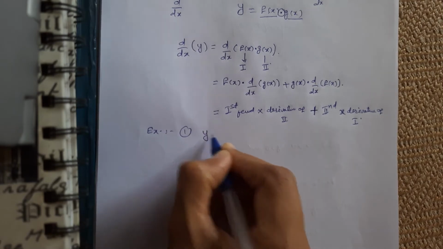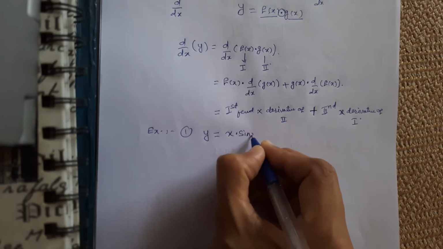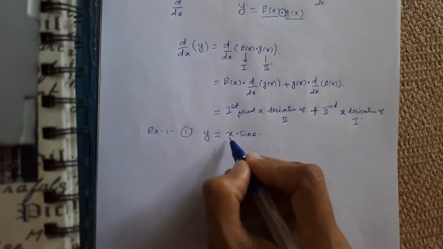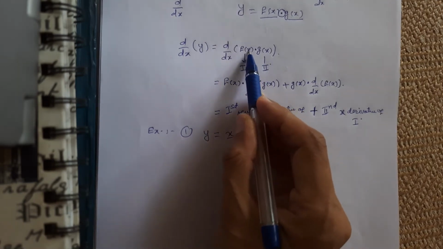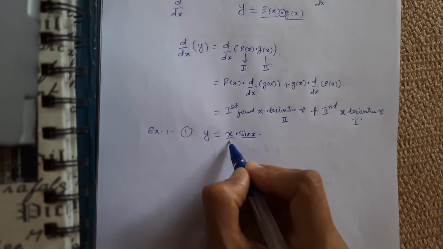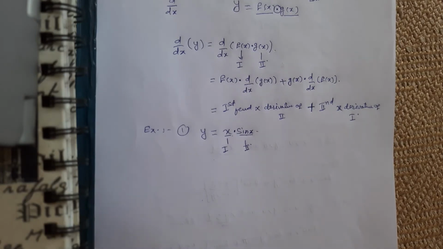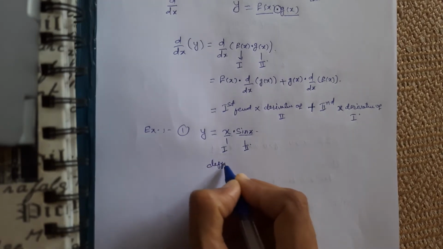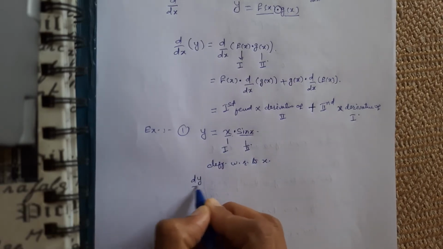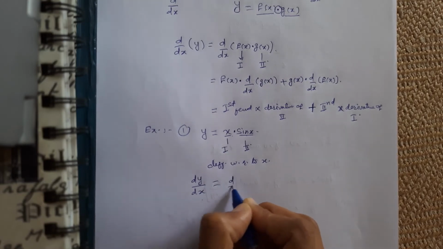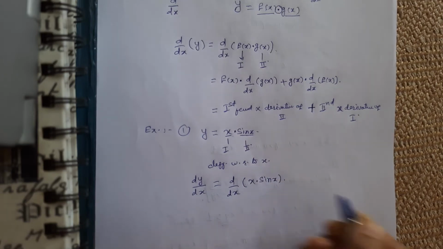For example, I want to find out the derivative of x into sin x. Now two x terms are there and there is a multiplication sign, so it is of the form f(x) multiplied by g(x). Suppose this is my first function, this is my second function. How will I find the derivative? First of all, differentiate with respect to x, and I need to write the operator on both sides because I am differentiating both sides: d/dx of x multiplied by sin x.